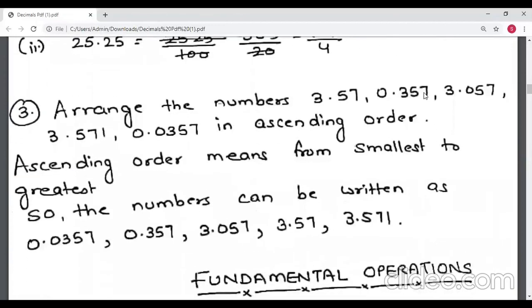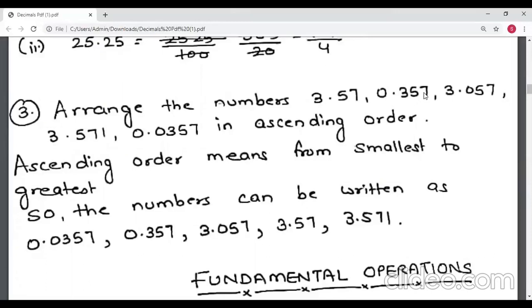Your question number 3 from exercise 3A says arrange the following numbers in ascending order. Ascending order means from smallest to greatest. They have given some numbers here: 3.57, 0.357, 3.057, 3.571, 0.0357.